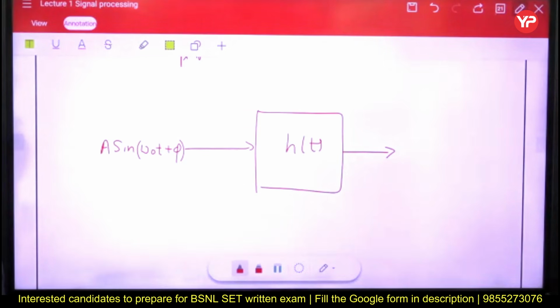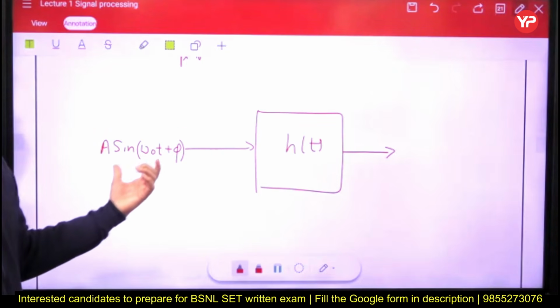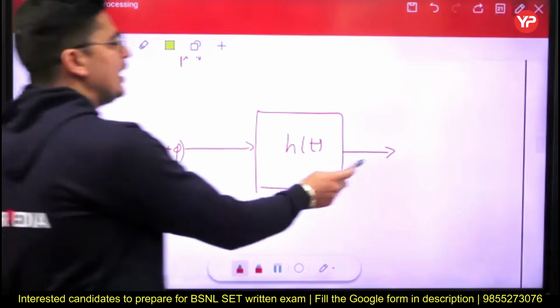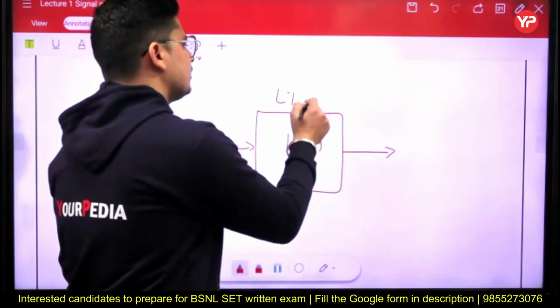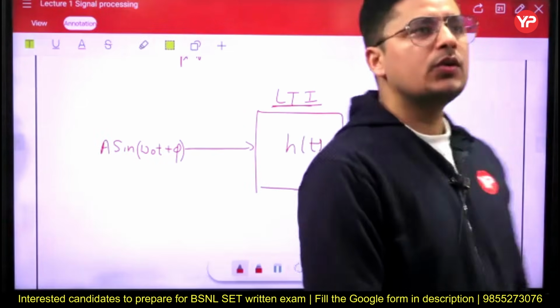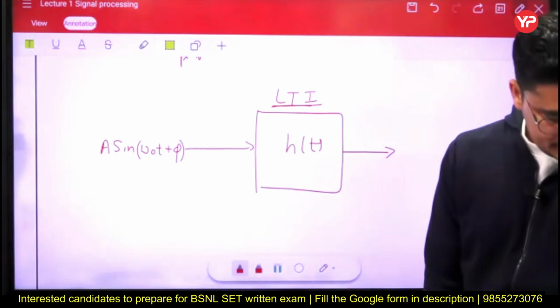I'm repeating what you have to remember, because the question can be made on it. If a sinusoidal signal is at the input of an LTI system, the output is also a sinusoidal signal of the same frequency.